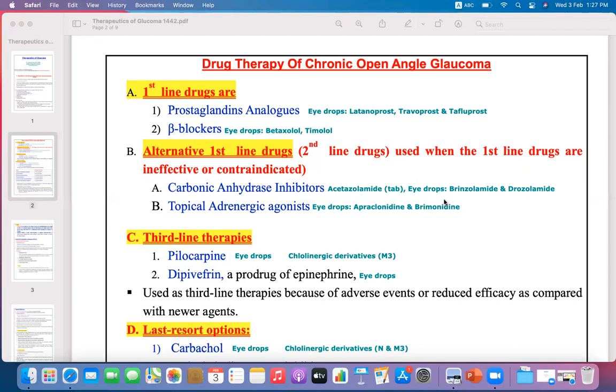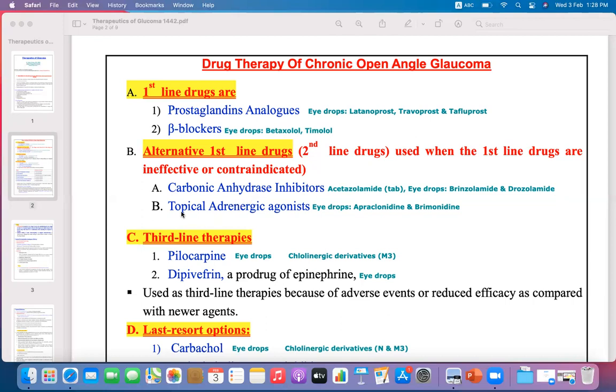If you see, the suffix for this is zolamide. If the zolamide suffix is in the drug, this indicates a carbonic anhydrase inhibitor.